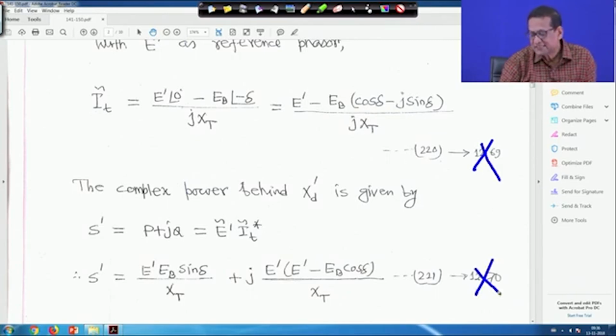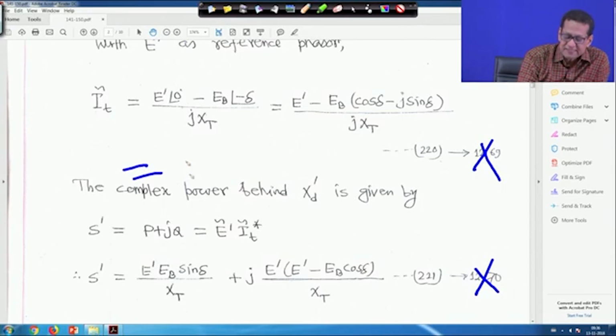So, this is for my reference: this is E' minus E_b cos delta minus j sin delta. Numerator and denominator, first you multiply by this one.